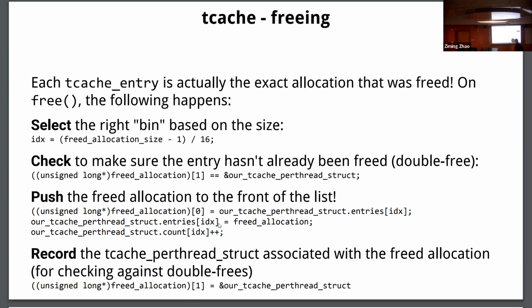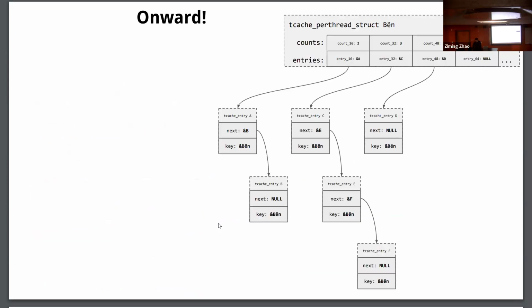So actually, I think this part we can skip, then we can revisit this next week. Okay, so after what happened just now, we already freed A, B, C, D, E, F. Now we are requesting new memory by doing malloc. Let's do a new malloc, 16 bytes.